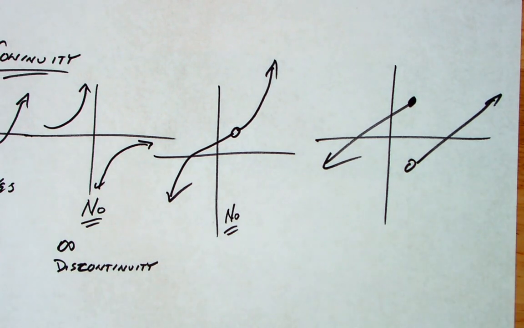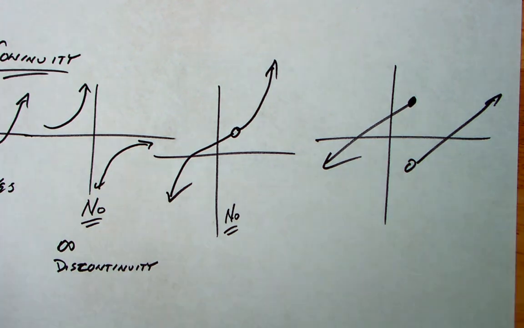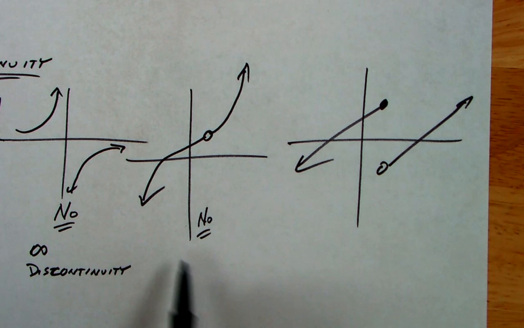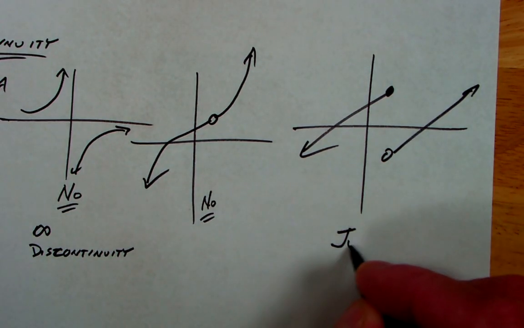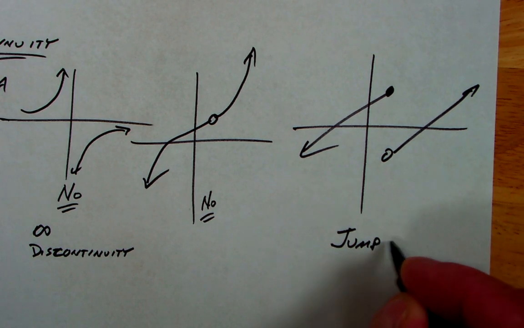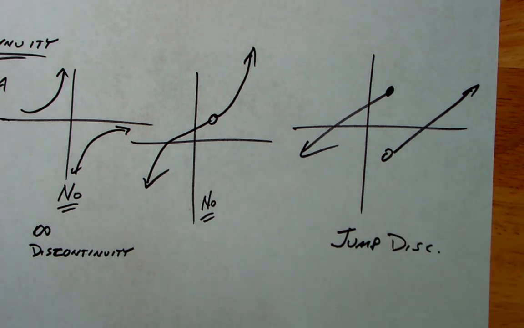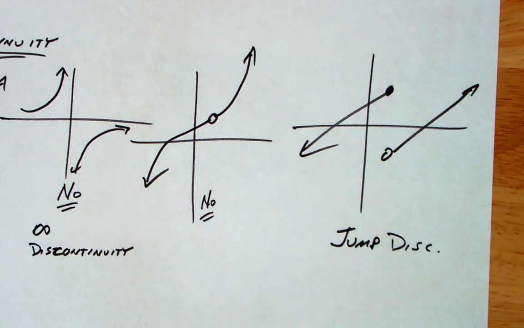Because at some point it just goes infinite and then infinite on the other side. Okay? This one has, let's just go over here, this one is probably the easiest. This one has a jump discontinuity. Well, I think the term makes sense, doesn't it? Because it jumps from one value to the next.